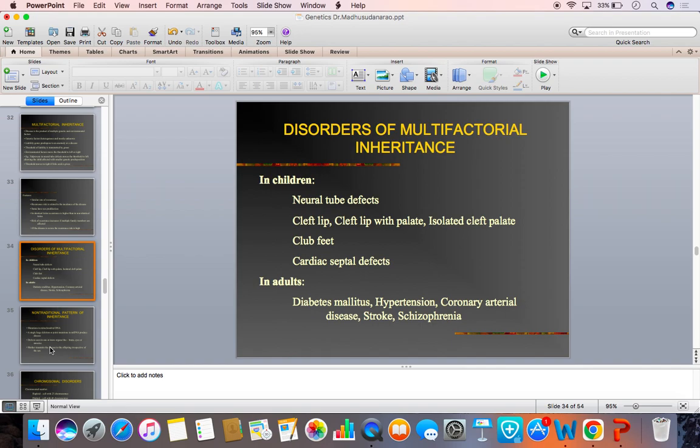In children: neural tube defects, cleft lip, cleft palate, club foot, cardiac defects. In adults: diabetes mellitus, hypertension, coronary artery disease, stroke, and, to put another example, schizophrenia. These are the multifactorial disorders.